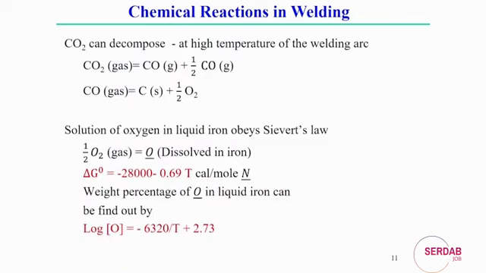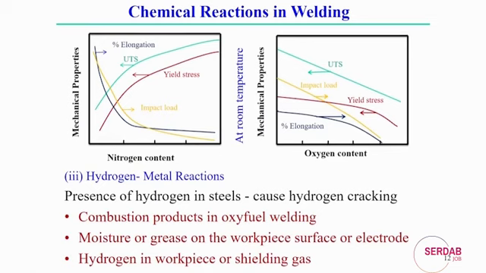Overall, Sieverts' law may be useful here to roughly estimate the amount of oxygen that can be dissolved in the molten pool, or becomes a part of the welding system. So, overall, if we look into what properties are impacted by the presence of oxygen and nitrogen content.